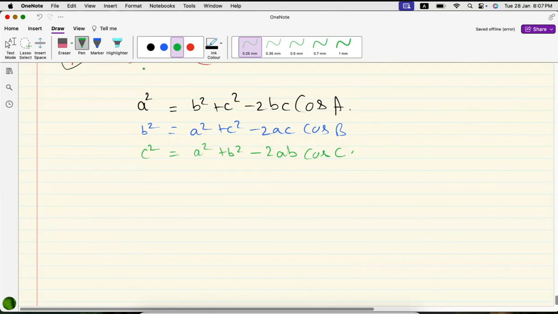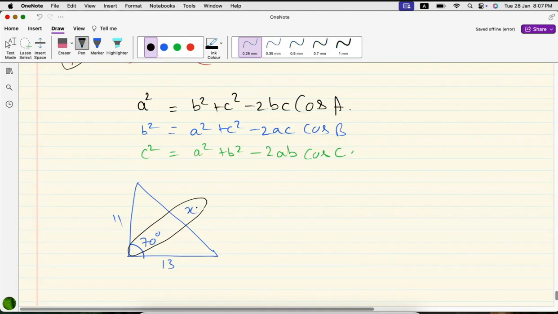So, for example, we are given this. Let's say this is 11, this is 13, and the angle between them is given, and this is the unknown side. We know that our pair is complete, and we do have the other two sides. But we cannot use sine rule here because we don't have one complete set of a over sine A. If I have this side, this angle is unknown.